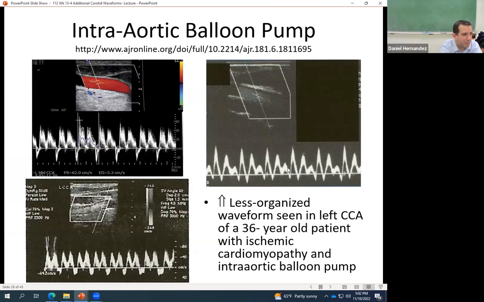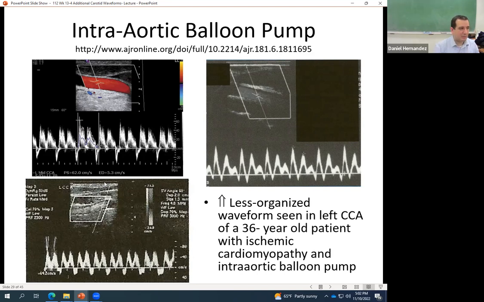It can be kind of hard to figure out what's the regular waveform versus the balloon pump, and to measure peak systolic and diastolic velocities. What's your end diastolic velocity here? Because the balloon pump fired, you're not really getting a true end diastolic velocity.